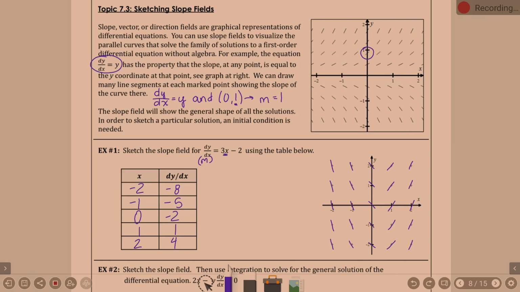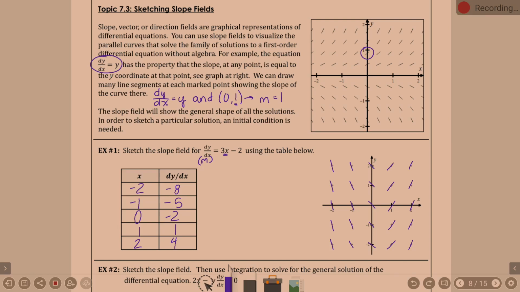Okay. Now, this is your slope field. I'll be honest, I'm not sure I'm crazy about mine. I like mine in my notes better, but of course in my notes I was doing it on paper, so it was a teeny bit easier.